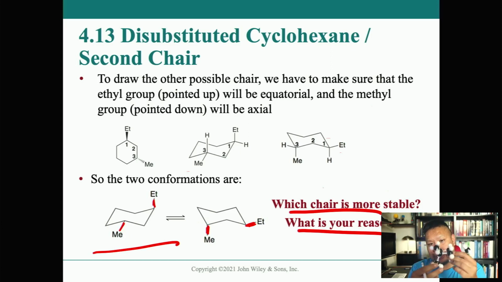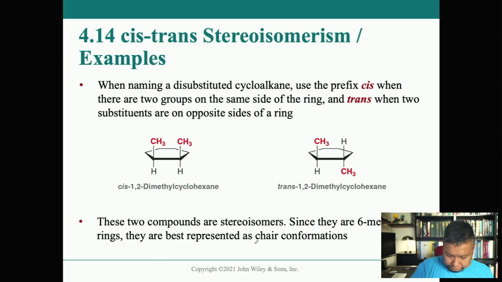The methyl group, on the other hand, does have diaxial interactions because it's axial now, but its diaxial interaction, 7.6, is lower than it would be if the ethyl were in the axial position, okay? So the more stable one would be the one with the ethyl group in the equatorial position. Okay. Whew, man. This just keeps on going.